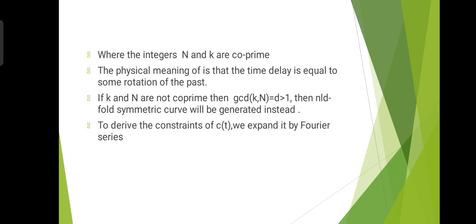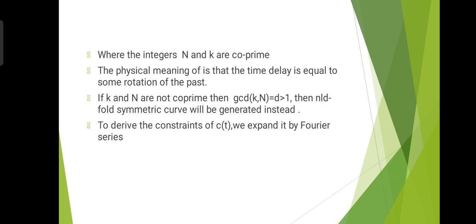The physical meaning of this equation is that the time delay is equal to some rotation of the path, that is, some of the path rotation is being added to the equation in order to generate the mystery curve.